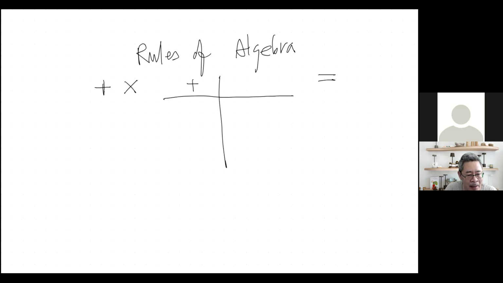So we know that A plus B equals B plus A. Do you remember what that property is called?